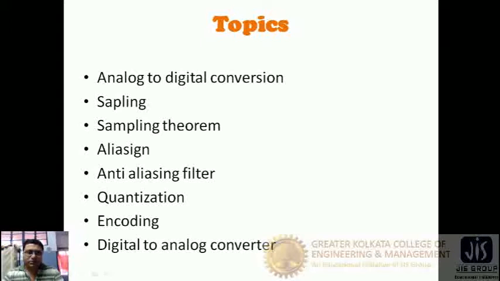In this session we are going to cover the following topics: analog to digital conversion, the sampling theorem, aliasing, anti-aliasing filter, quantization, encoding and digital to analog conversion technique.